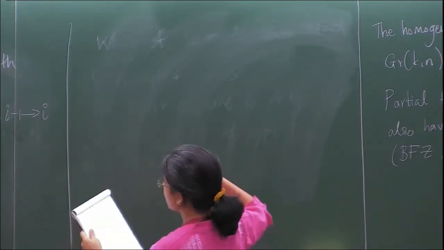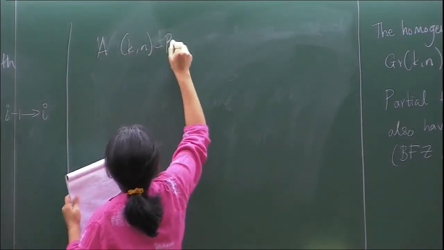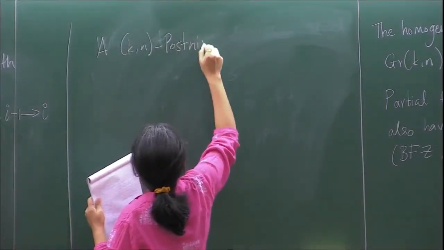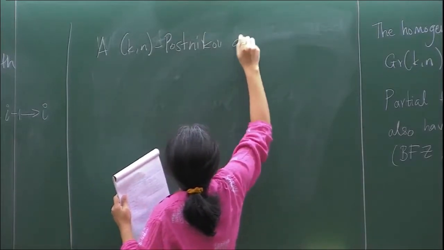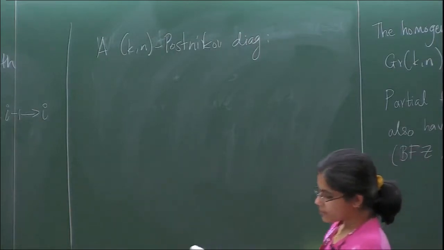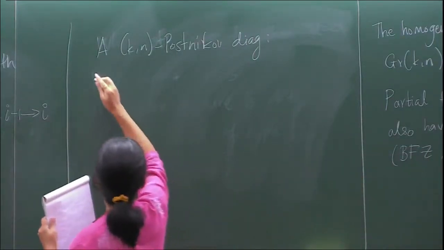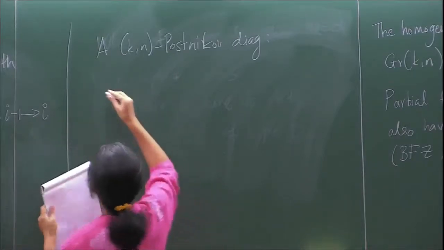Okay, and now a (k,n) Postnikov diagram is defined as follows. There are several ingredients to this.